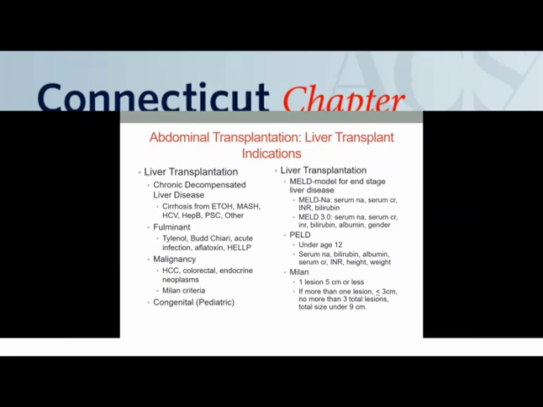Hepatitis B in the United States is a pretty small fraction, maybe 5 to 10%. Primary sclerosing cholangitis, which in adults constitutes the largest biliary cause, again, about 5 or 10%. And then there are some other scattered congenital issues that come into adulthood. But by and large, these compose the major reasons people get transplanted in the United States, or the major reason that people have decompensated liver disease. And we'll define that in the next panel here.